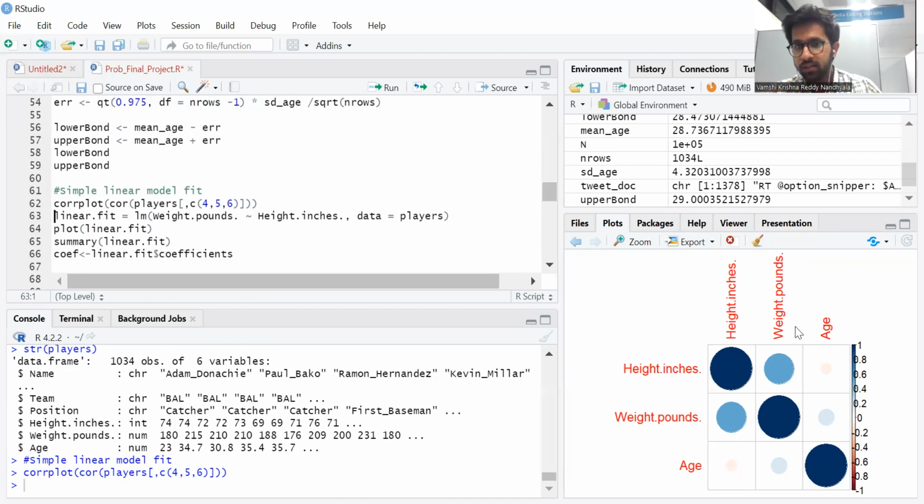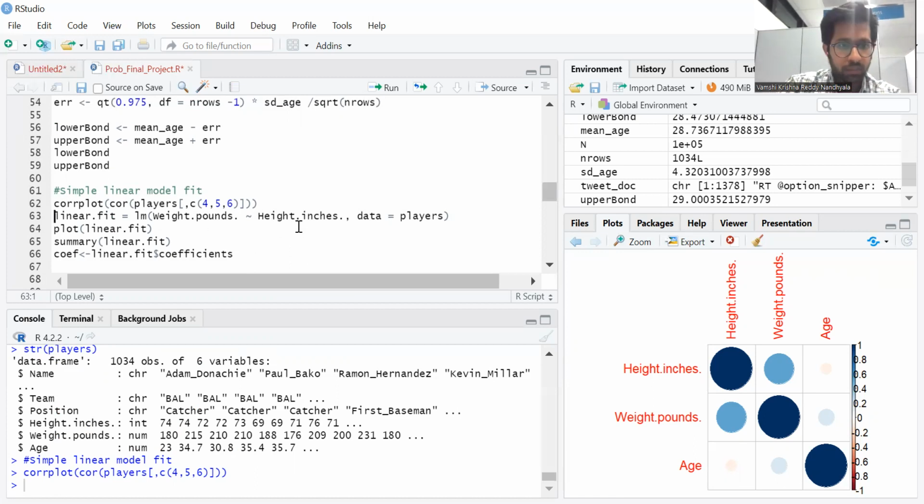So weight is a dependent variable, whereas height is not. That's the reason I'm plotting the weight in pounds and height in inches, where weight is dependent and height is not dependent. That's the reason one is on the x-axis and the other on the y-axis.